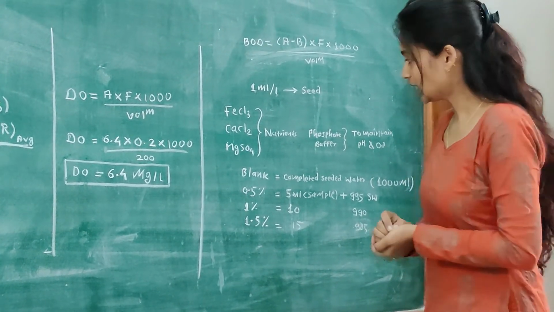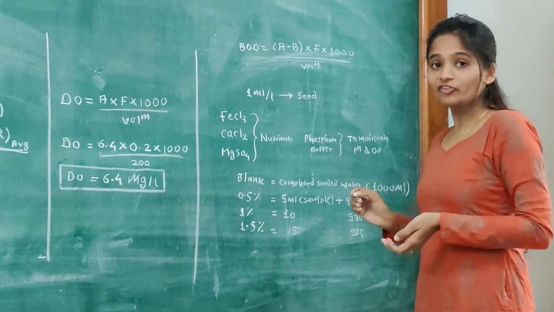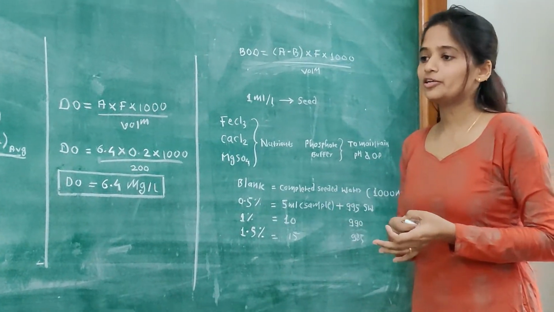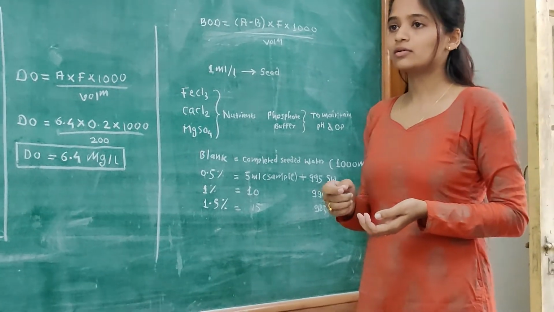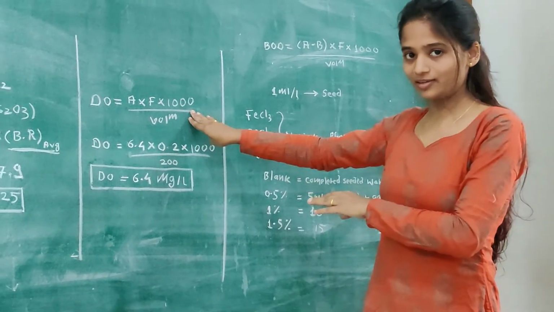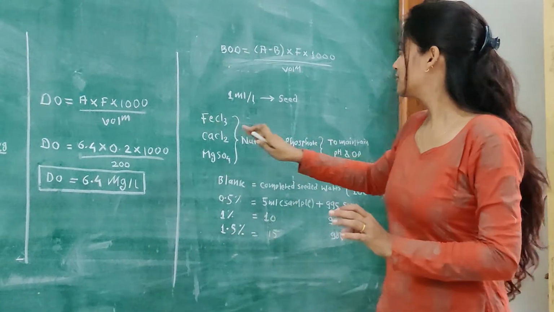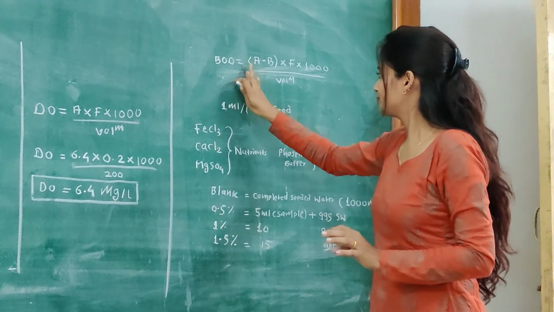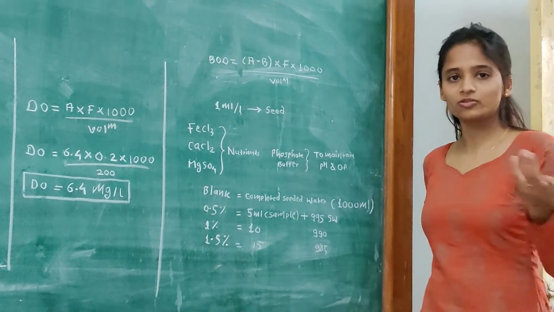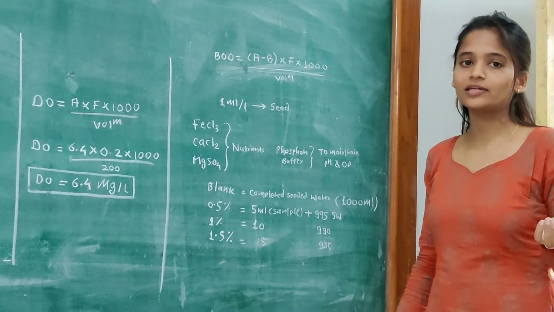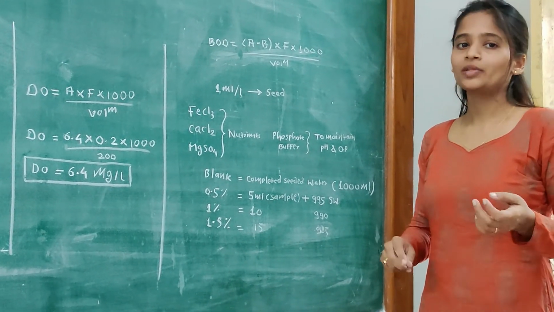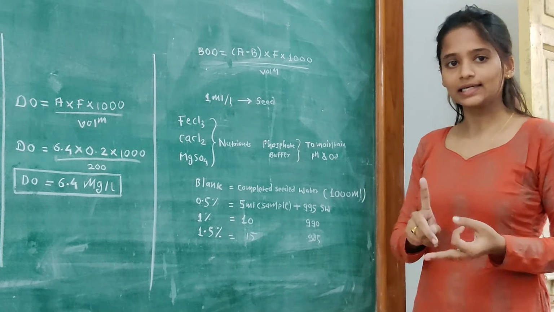After 5 days, we need to take those bottles out and calculate the DO by using the same formula. Here we have taken 3 bottles each because, as I told you earlier, for a more accurate reading you need to repeat any type of experiment at least thrice.